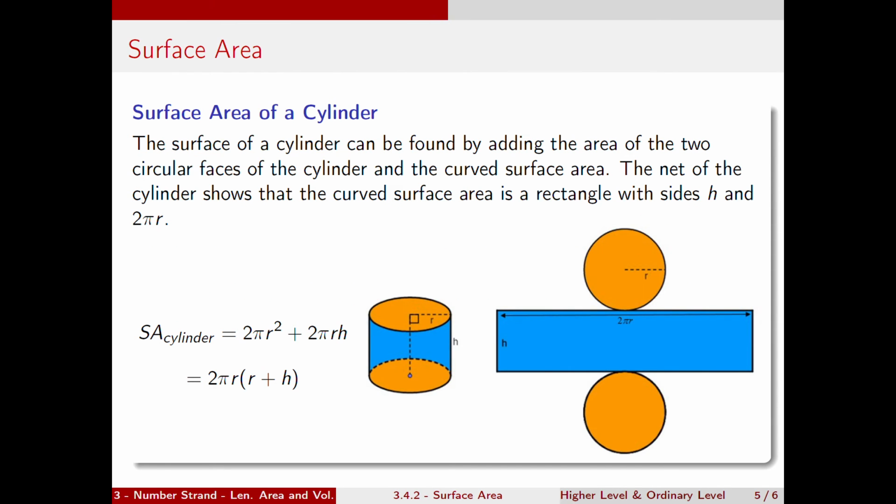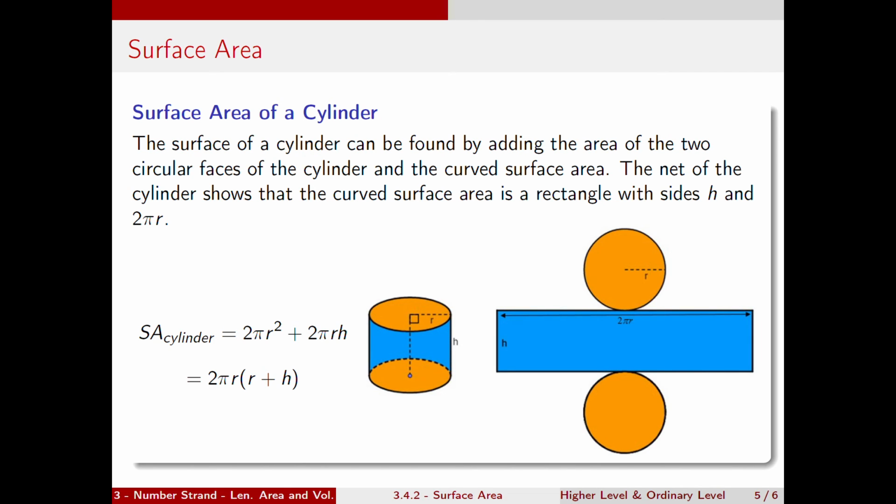So if we look at an example, we'll look at the surface area of a cylinder. If you wanted to find the total surface area, you would need to add the area of the two circular faces and the area of the curved surface, which is the cylinder part.